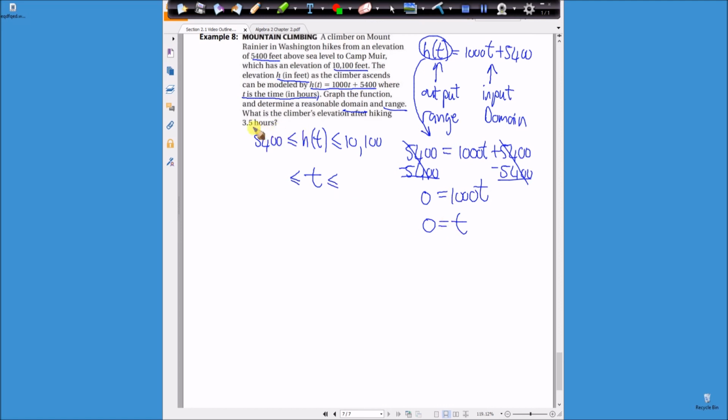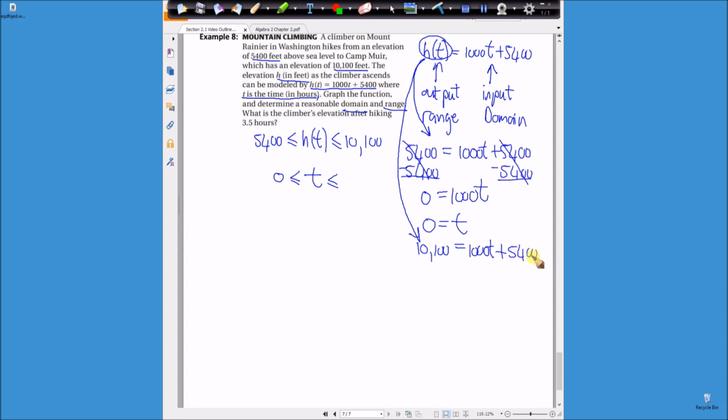So I plugged in my lowest extreme on the range to find my lowest extreme on the domain. And then I plug in my highest extreme on the range to find my highest extreme on the domain. So 10,100 equals 1,000t plus 5,400.